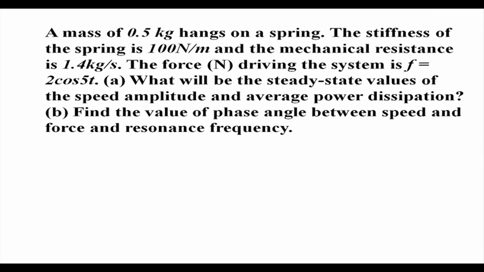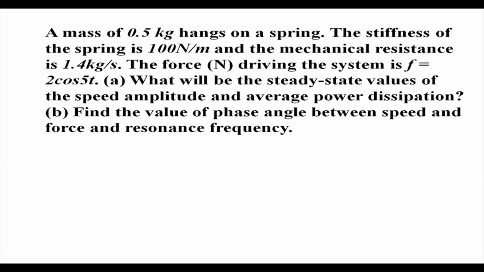A mass of 0.5 kg hanging on a spring. The stiffness of the spring is given, the mechanical resistance is given, and the driving force is also given. What will be the steady state value of the speed amplitude and average power dissipation?